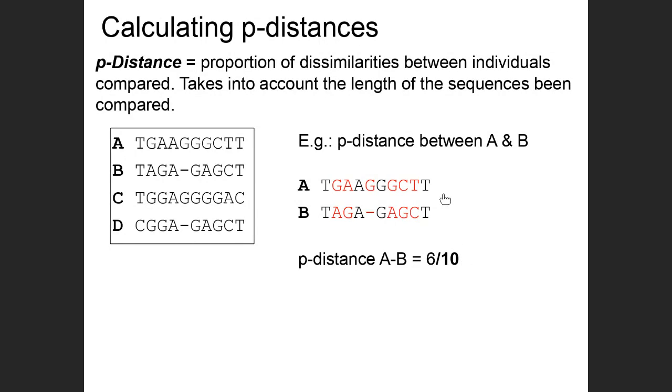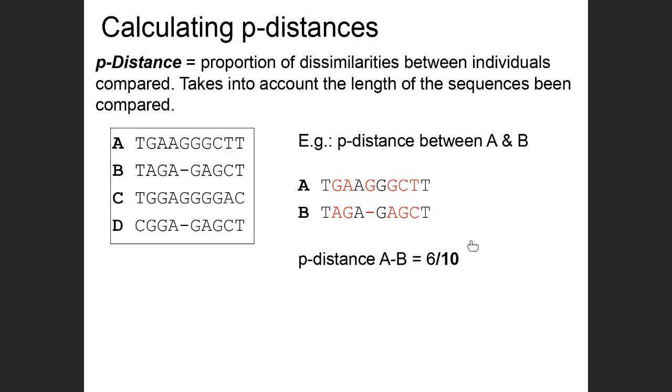And I elected to get the sequence that is longer because I don't want to underestimate the difference. So I'm just doing 6 over 10 because there are 10 nucleotides here. 1, 2, 3, 4, 5, 6, 7, 8, 9, 10. Good. I didn't make a mistake there. Good. So that's the p distance.